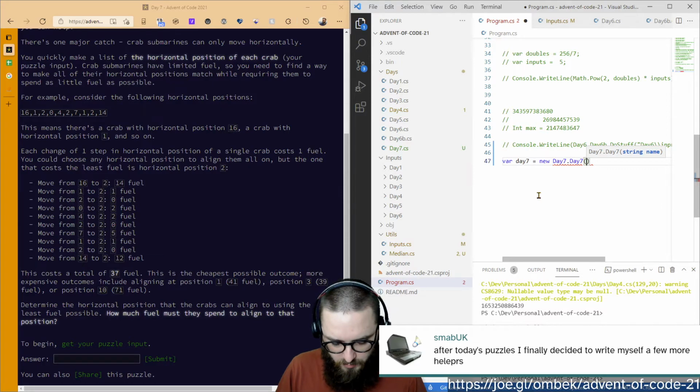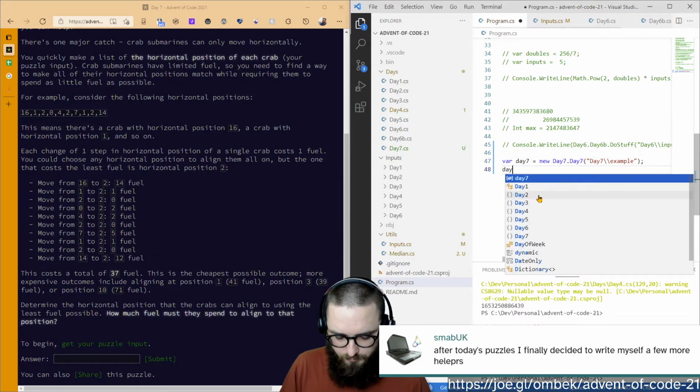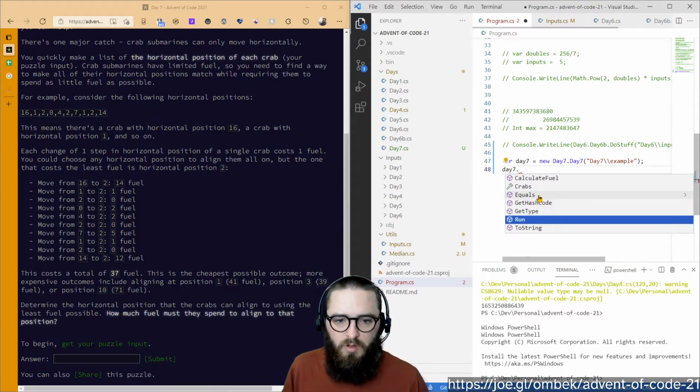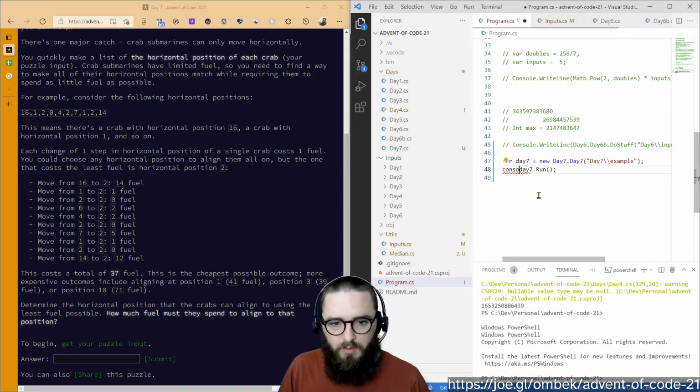Day 7, a new one of them, with a string of day 7 example. Day 7 dot run. Stick that in a console, console write line.